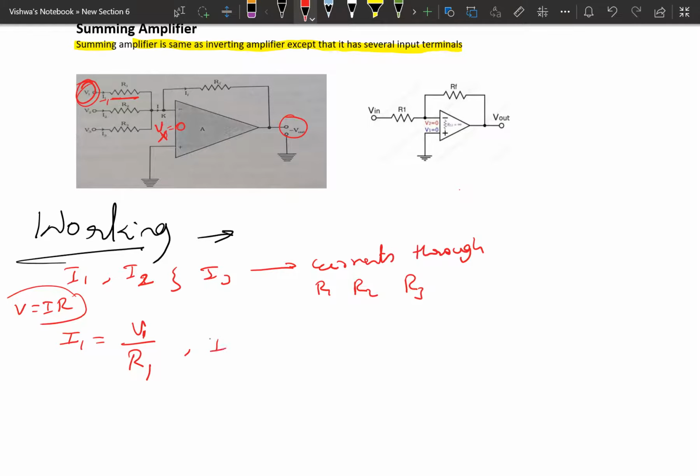Then what about the current I2 through resistor R2? Now R2 and RF are both in series between 2 voltage sources. This midpoint is virtual ground again. So I2 equals the potential difference across resistor R2, V2 minus Vx, which is 0, so V2 divided by R2. The current I3 is the same, so I3 can be written as V3 divided by R3.